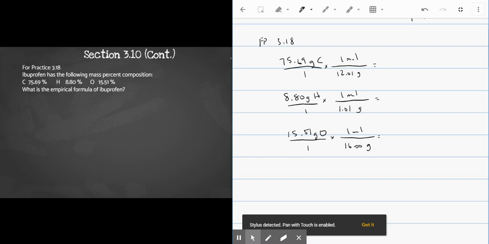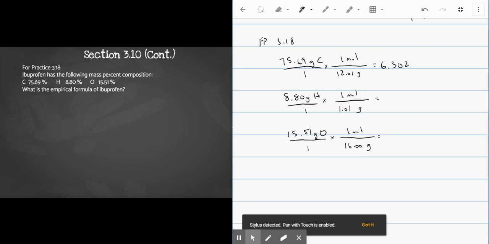All right, so I got my calculator handy. 75.69. I'm going to try not to make any mathematical errors this time. 12.01. And I get 6.3. The more decimal places you have here, the better your ratios are going to be.